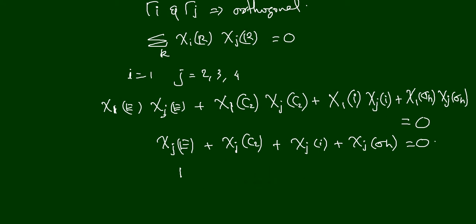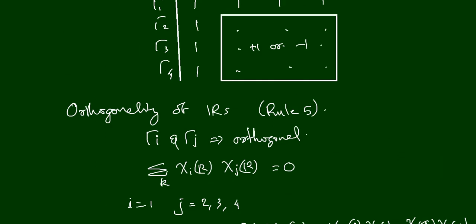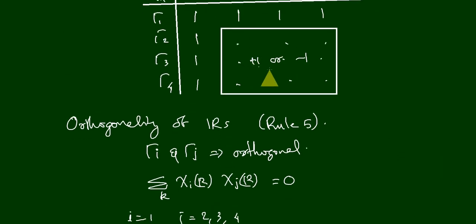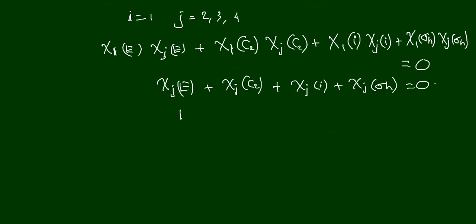We already know, we have already proven, that the remaining elements will be either plus 1 or minus 1. So how can we arrange this plus 1 and minus 1 for these remaining 3 elements? That is the question. So how can we arrange the plus 1 and minus 1 so that the sum of all these is equal to 0? 1 is already here, so we can give another 1 here.